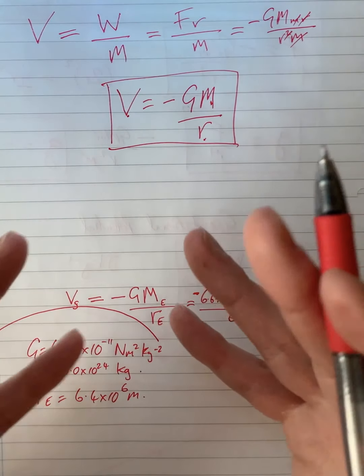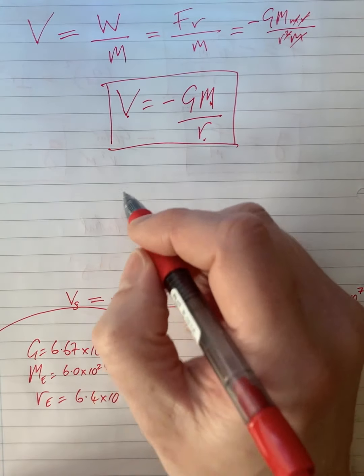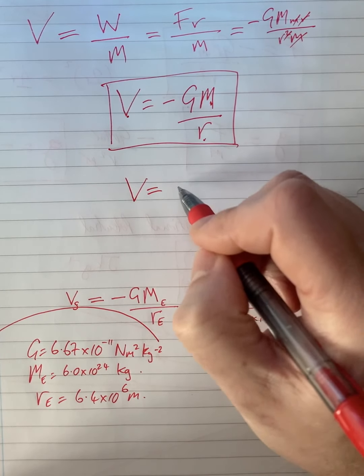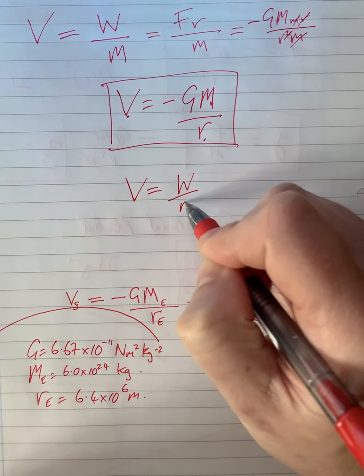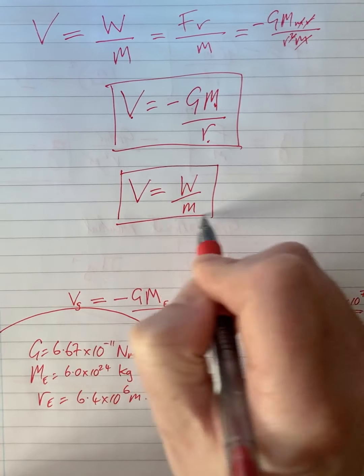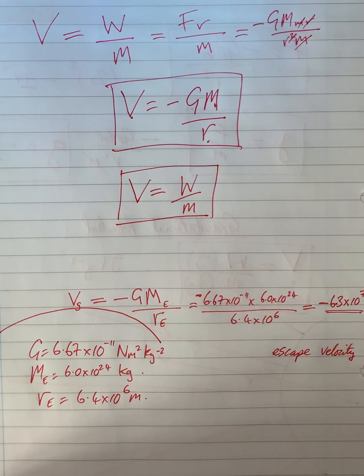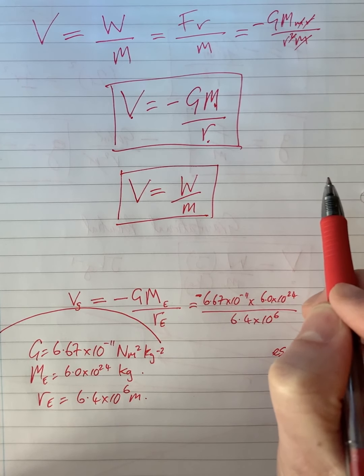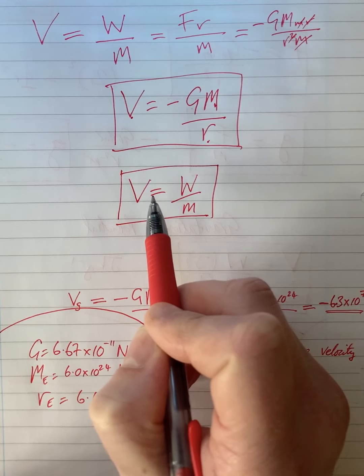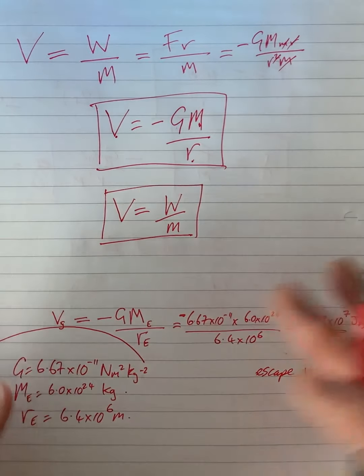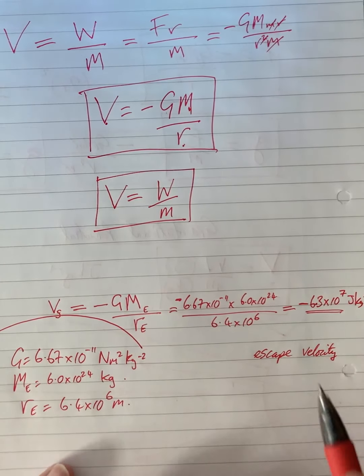So what we've talked about is that gravitational potential is, by definition, the work done on a unit mass to move it from an infinite distance at zero potential to a certain position, a certain distance away from the centre of whatever planet's gravitational field you're in.